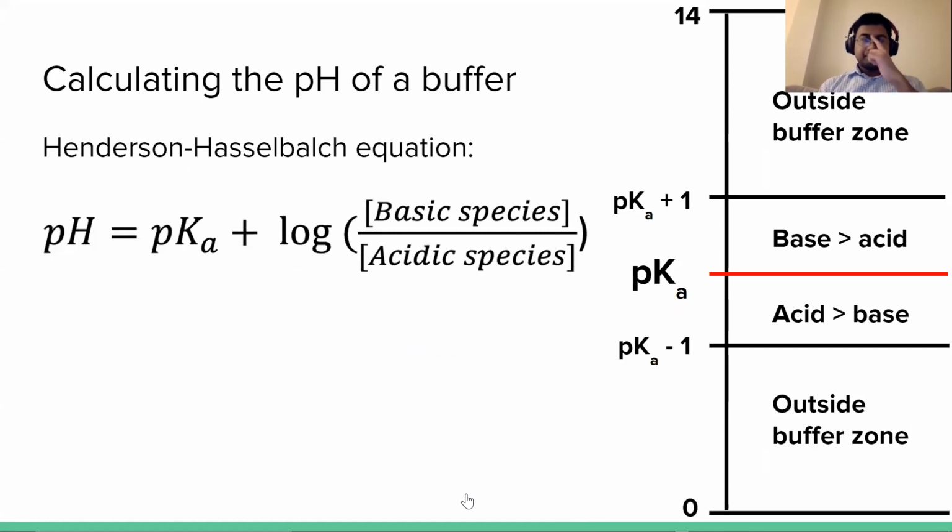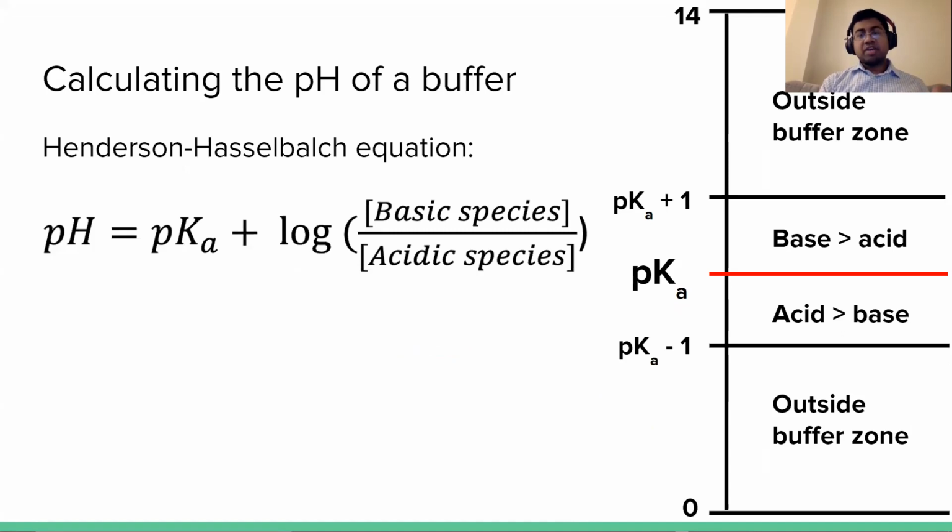Okay, so remember how we said that the ratio of basic to acidic or acidic to basic can't be more than 10 to 1 in either direction? That's because those 2 extremes make the log term either +1, since log of 10 is 1, or -1, since log of 1/10 is -1.